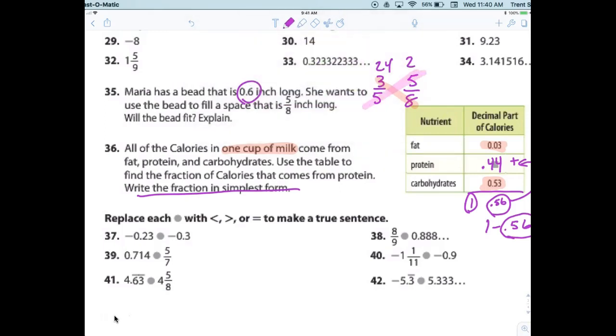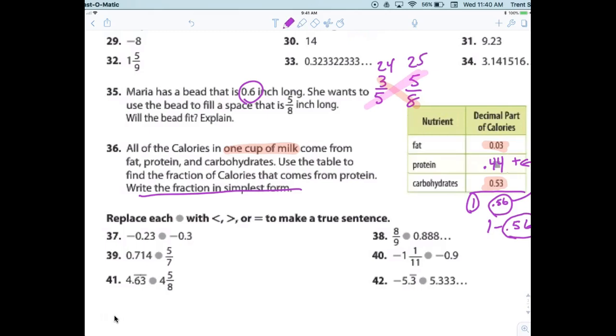So which one of those is bigger? 5/8 is bigger. All right. So it says she wants to use the bead to fill a space. So will the bead fit? Yes. Yes, it will. Do you agree with that now?